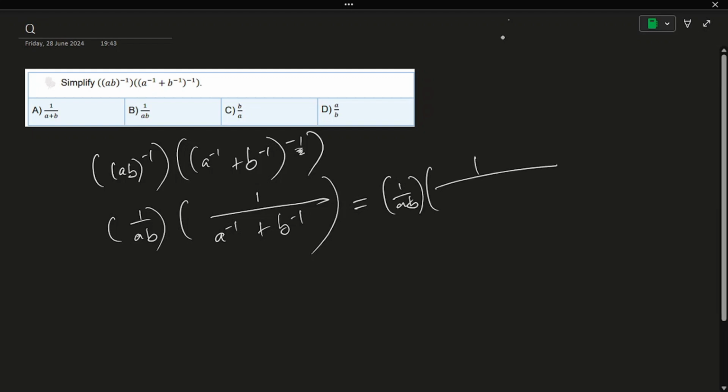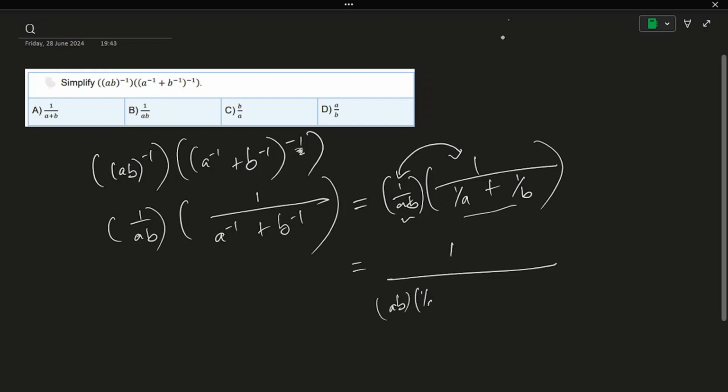And now let's come and simplify the denominators. So this is 1 over a plus 1 over b, like that. 1 and 1 will multiply each other, and the denominators will multiply each other because that's the rules of multiplication of fractions. So in other words, we're going to have 1 divided by ab multiplies everything because there are 2 terms in the denominator.